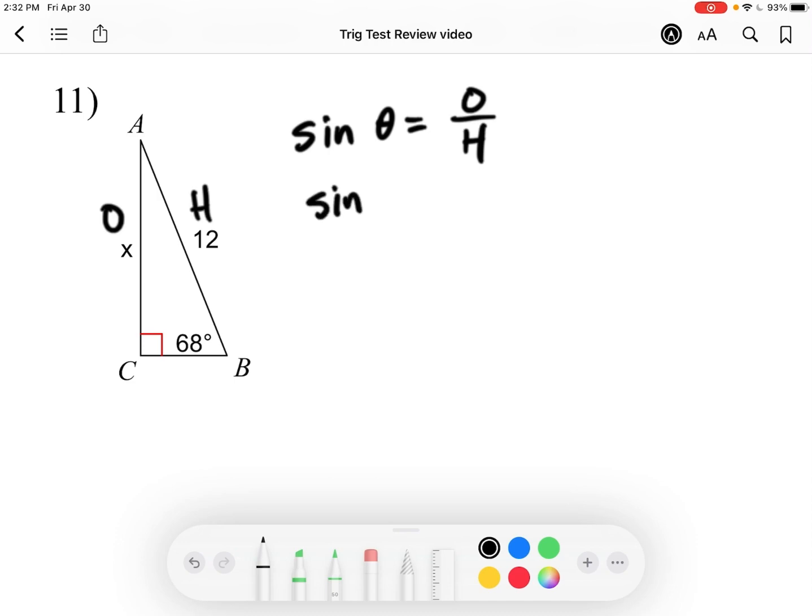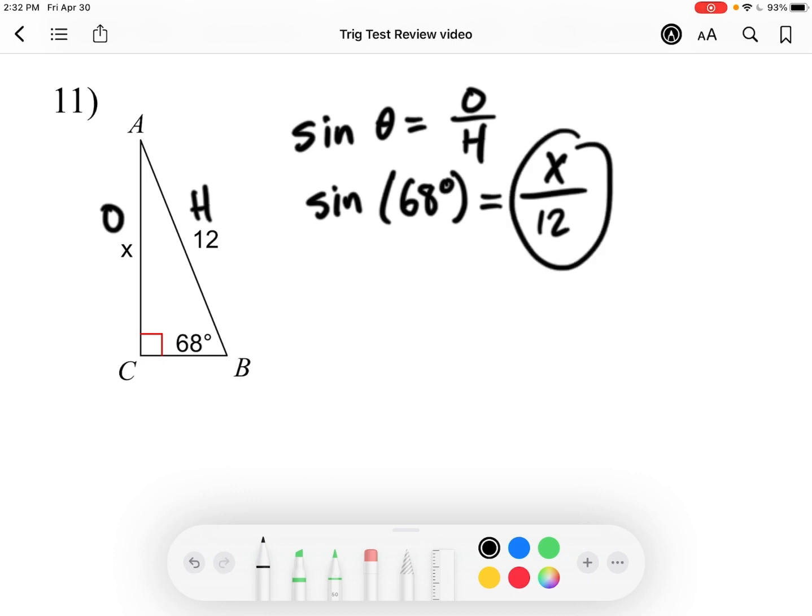So we already know what theta is. Theta is our angle, which is 68 degrees. And we know that the opposite side is x. So we're going to write x over, and the hypotenuse is 12, so x over 12. Sine of 68 degrees is equal to x over 12. So now what we want to do is get x by itself.